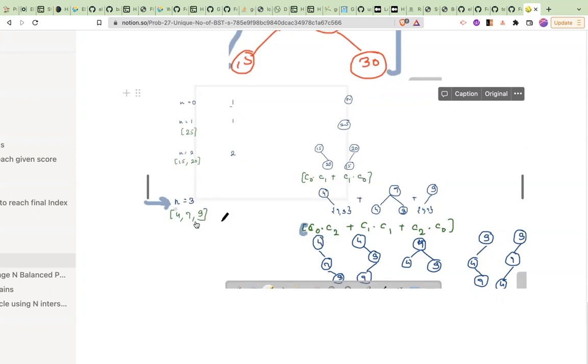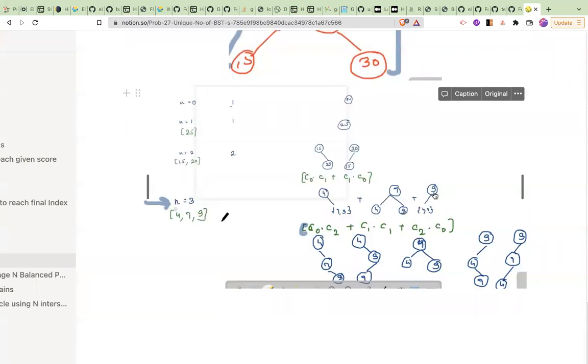Similarly, for n equals 3, the first term has 0, nothing is there, and the second term has 2 children, so we can represent it in 2 ways. We showed it by 479 or 497. Now taking 7 as a root, the left has only one way and the right also has only one way.